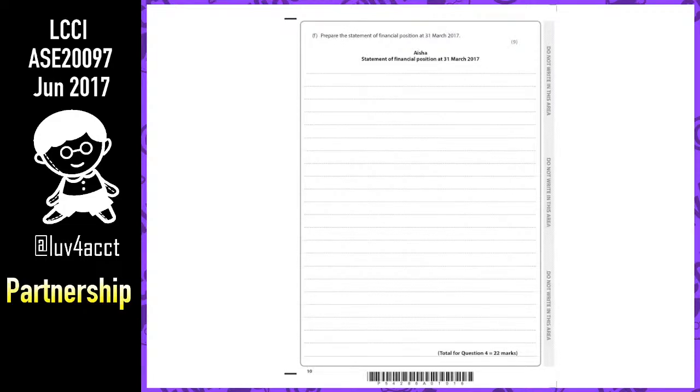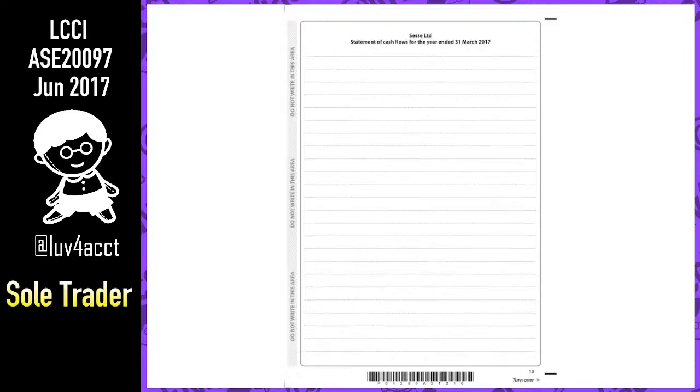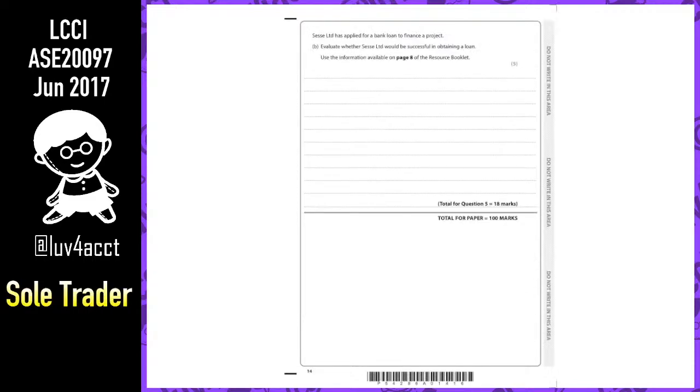So I would consider it a sole trader question. And then question 5, of course, the statement of cash flows, and then evaluation questions. Okay, so let's take a break.